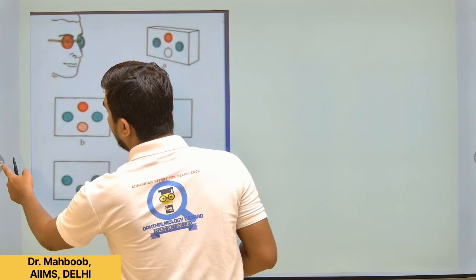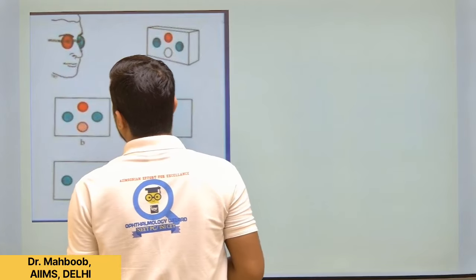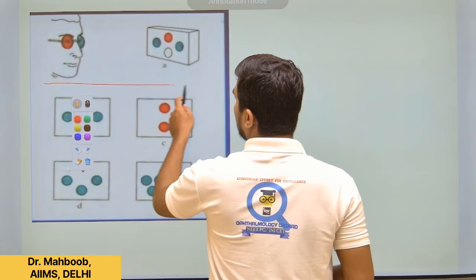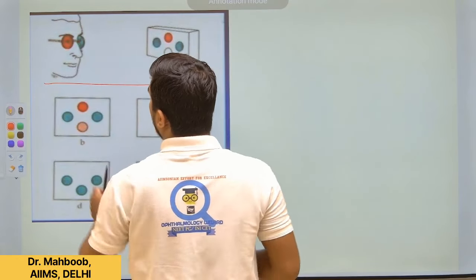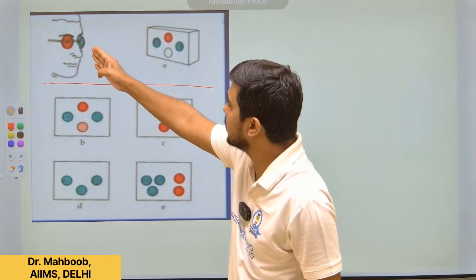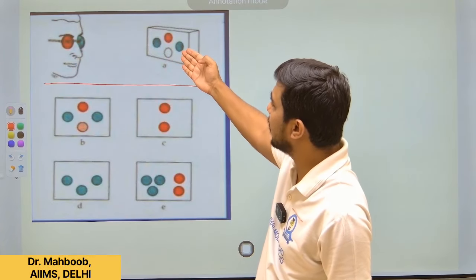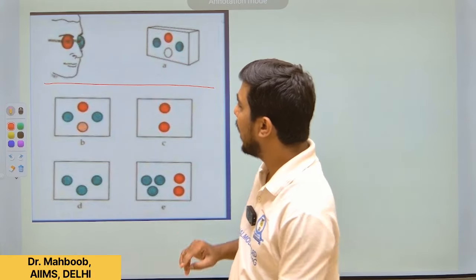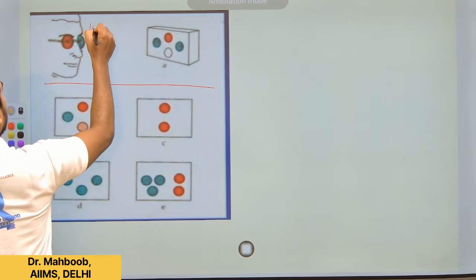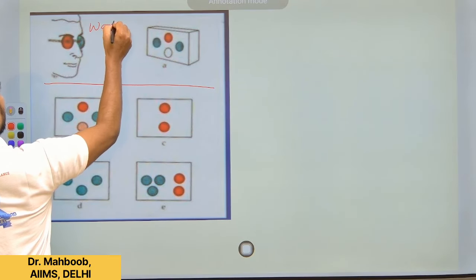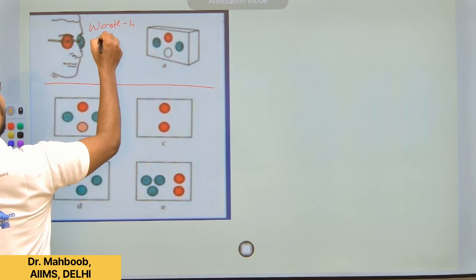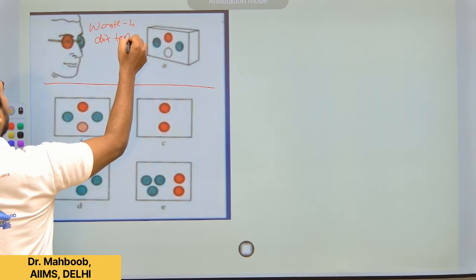I'm telling you this test. A patient wears the red green glass, and he is seeing this image. This test is the Worth 4-dot test.